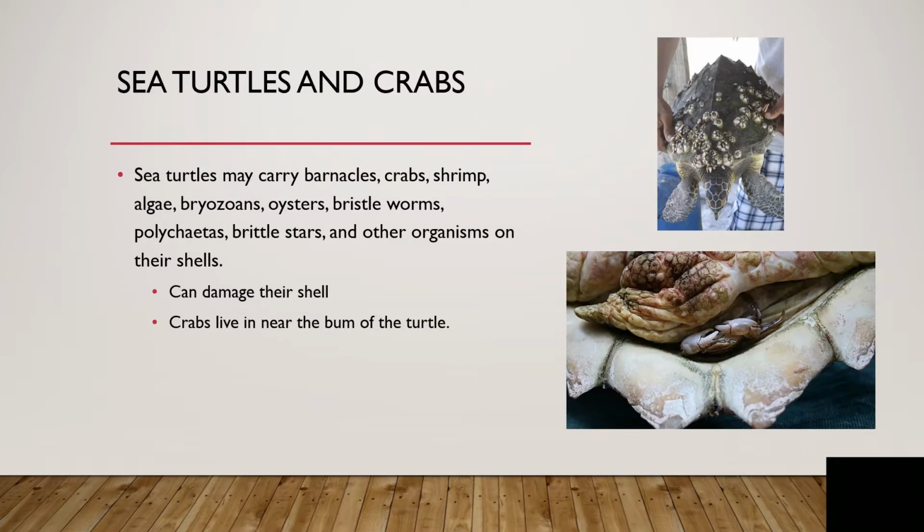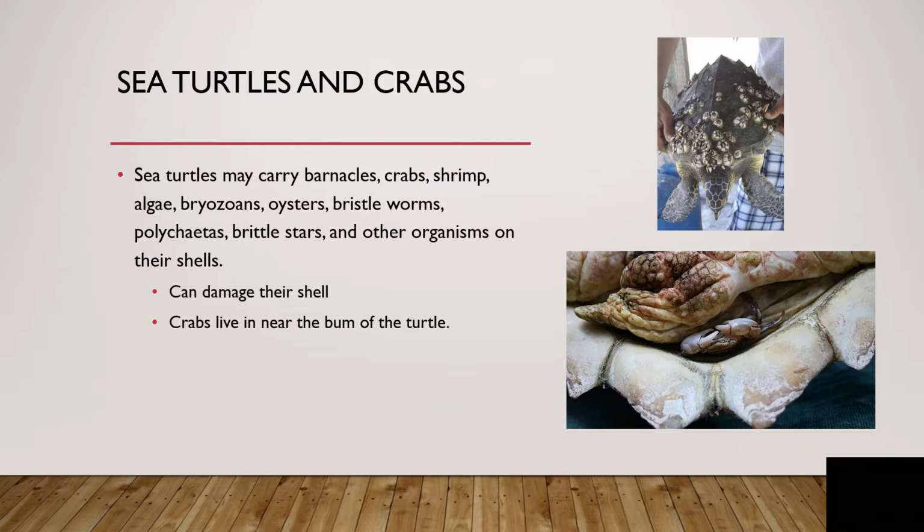And another example would be the sea turtle and the crab. The sea turtle usually grows a lot of barnacles, algae, and other little organisms that would typically damage its shell. That's where the crabs come in.